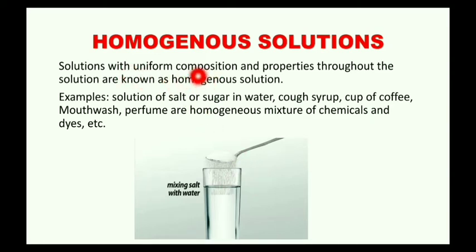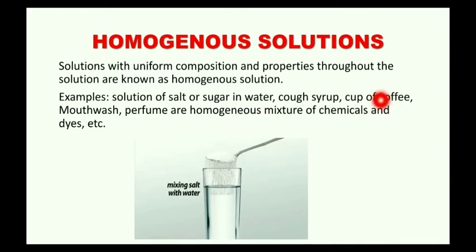So that is, the composition is uniform, and the properties throughout the solution are also uniform. That is why they are referred to as homogeneous solutions. Okay, so some examples of homogeneous solutions are salt in water or sugar in water, cough syrup, cup of coffee, mouthwash, perfumes, which are all examples of homogeneous mixtures.